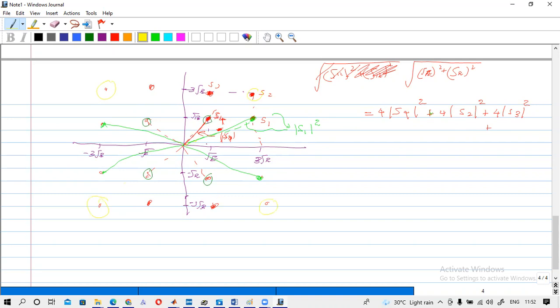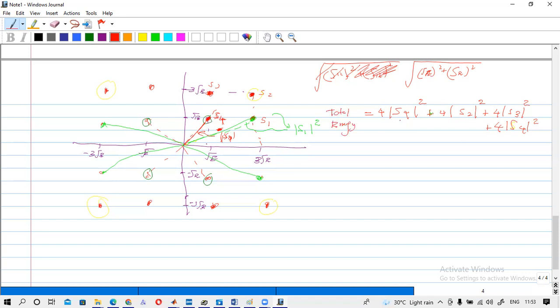If you get the square of the magnitude, that is the energy of one symbol, and multiplied by 4, that is the energy of these 4 symbols. So this is the total energy of all 16 symbols.